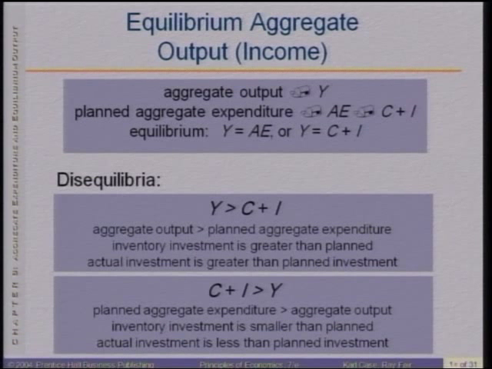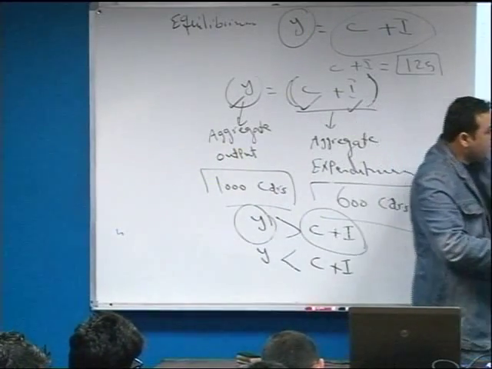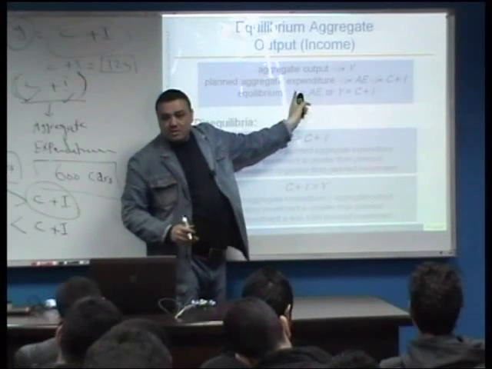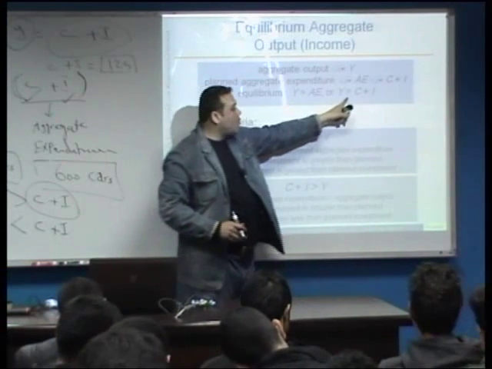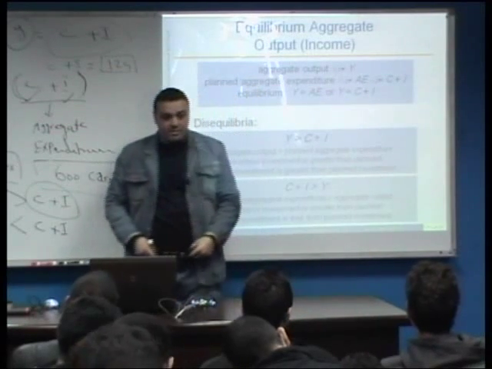As you see, here we are talking about the equilibrium aggregate output or aggregate income. The equilibrium occurs when Y equals aggregate expenditure, C plus I, right?